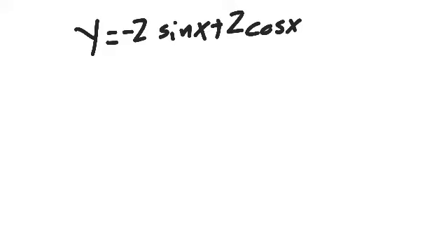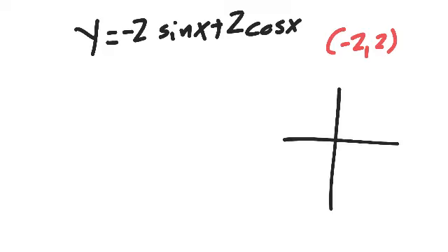So that's going to give, first, we know our point is going to be at negative 2, 2. So when I draw this situation out, I'm going to go left 2, and I'm going to go up 2.